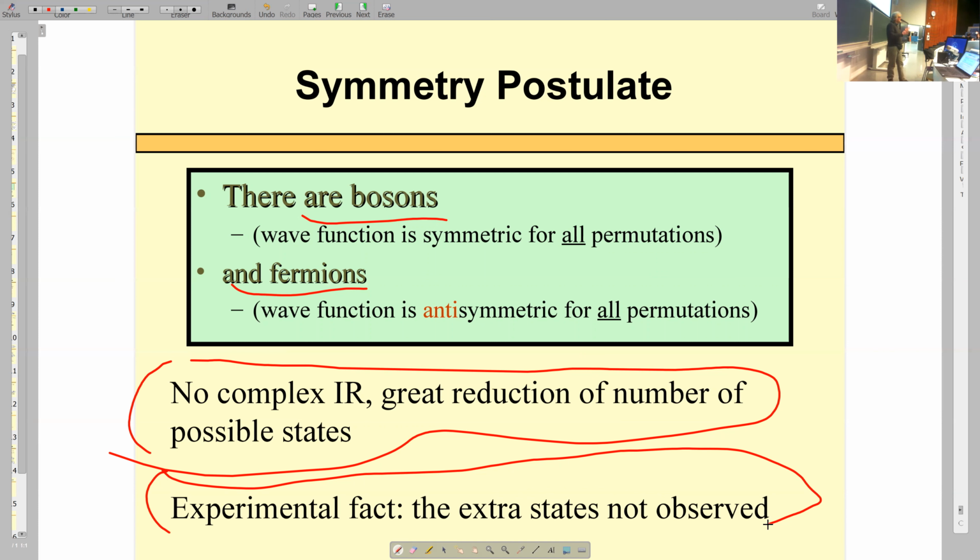Right? That has everything to do with identical particles. So one can say that just measuring the entropy of ideal gas provides you experimental verification of the symmetry postulate. So let us regard it as an experimental fact, something which is given to us. And let us look at the consequences.